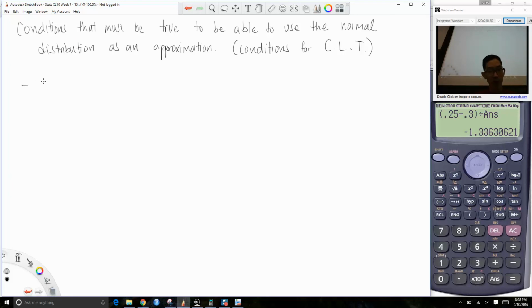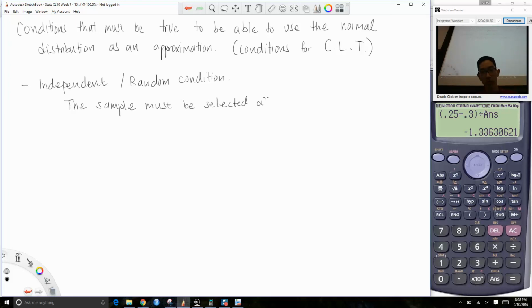One is called the independent and random condition. This condition says that the sample must be selected at random.